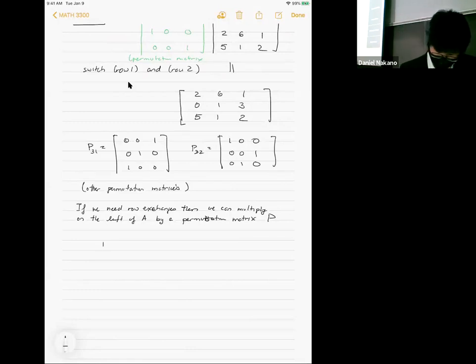So we have P times A. And P times A now doesn't need any row exchanges because it's in the right position. So the rows are in the right position, so you can use Gaussian elimination.